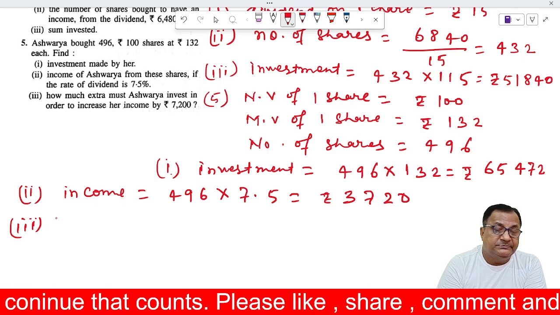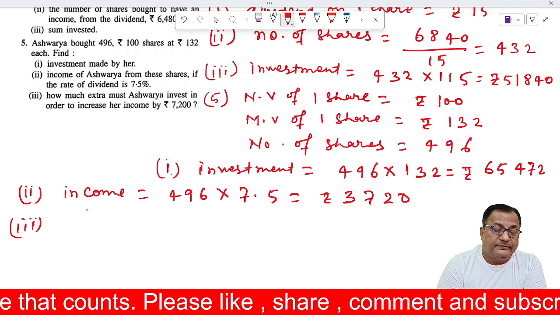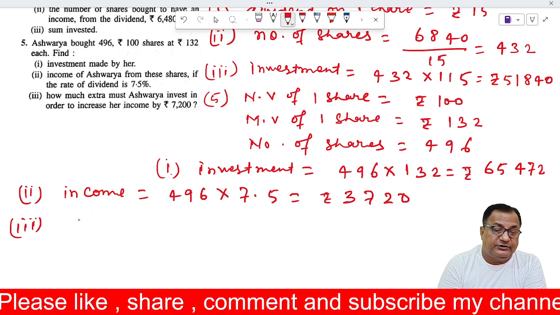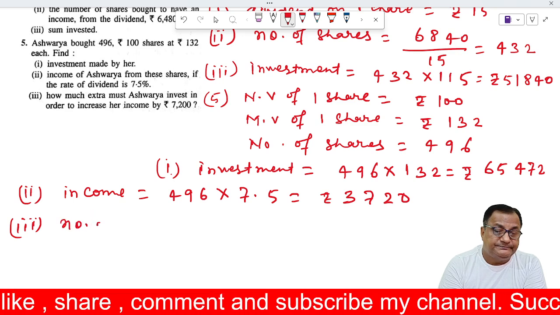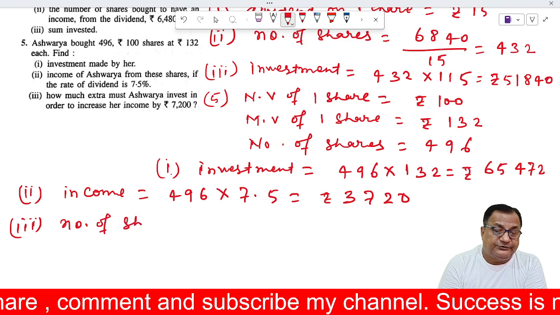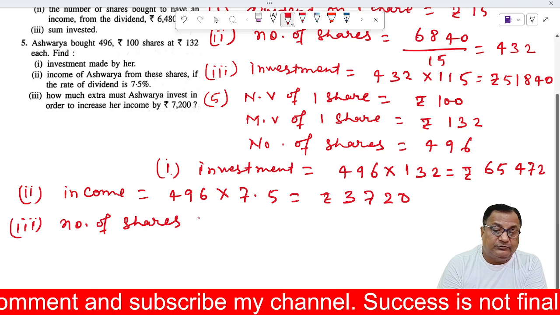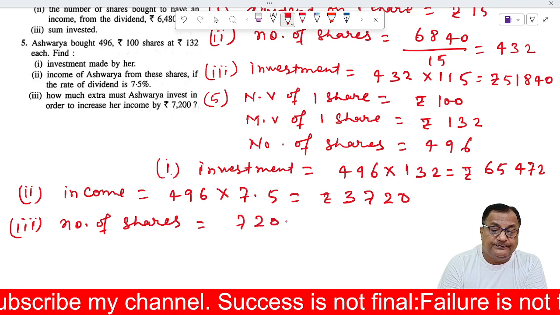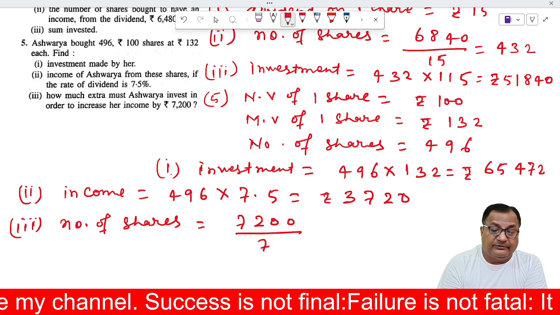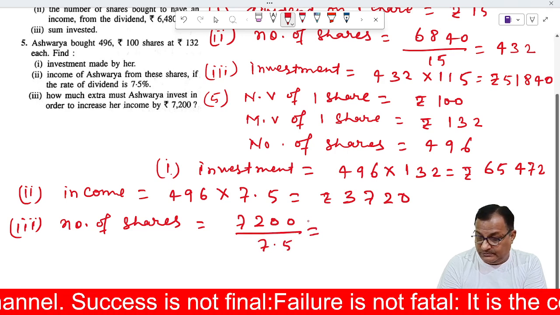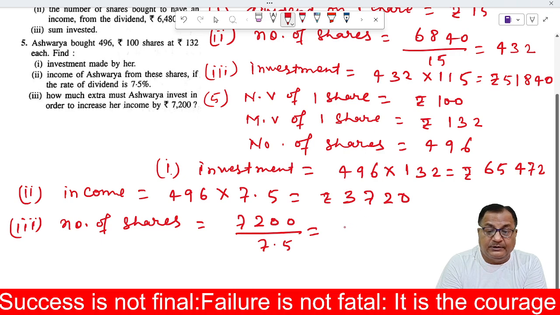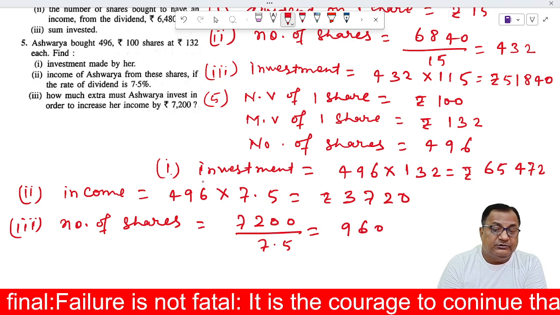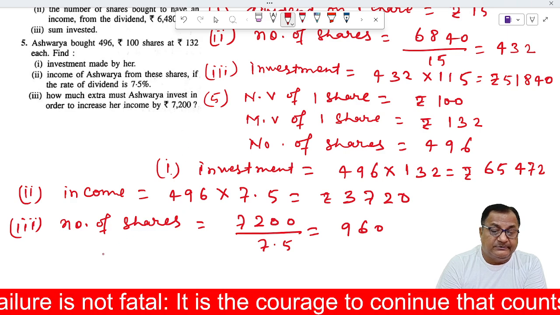So number of shares required to get this dividend is equal to this divided by 7.5. If we divide this, it is 960. So 960 shares are required to get this dividend.